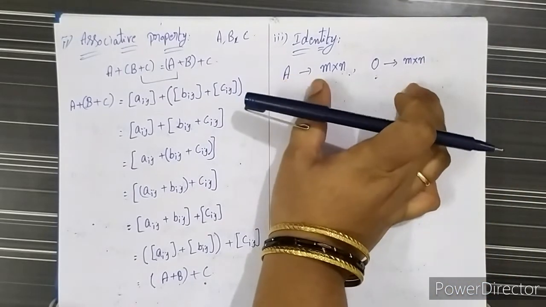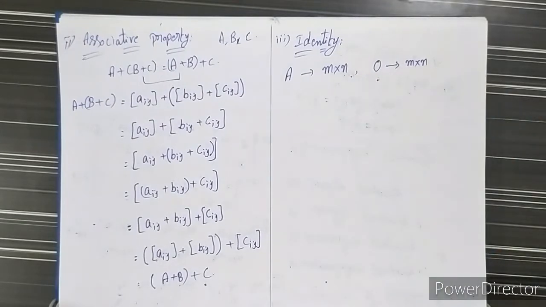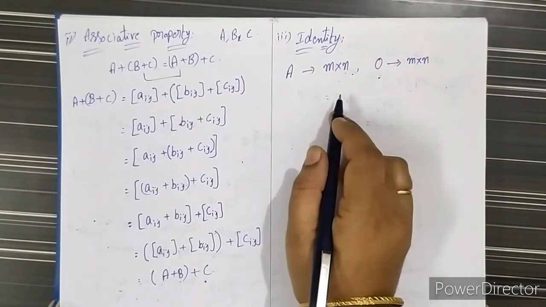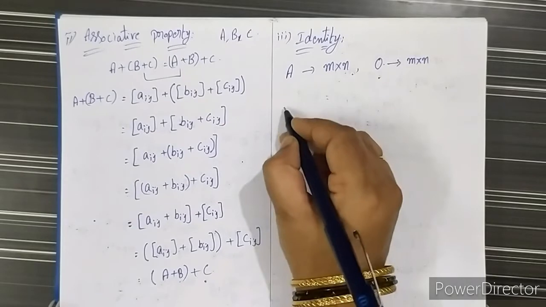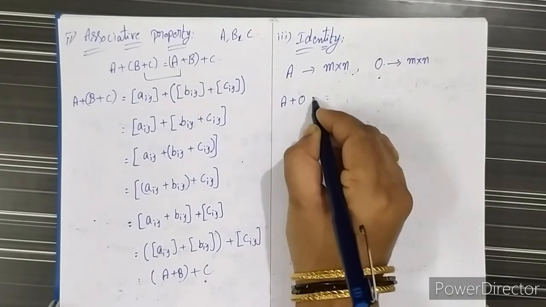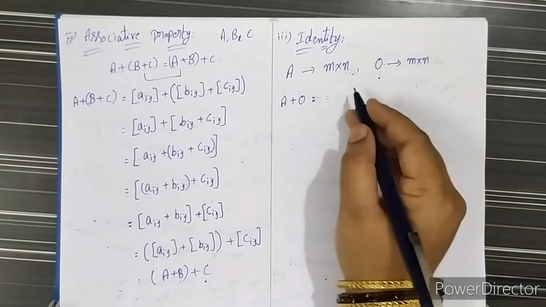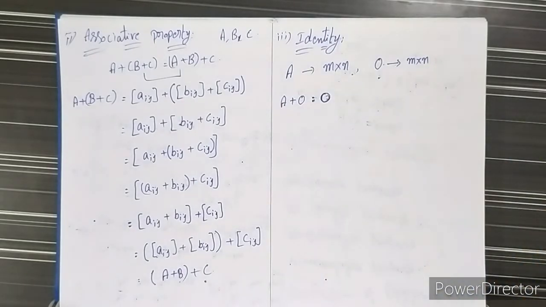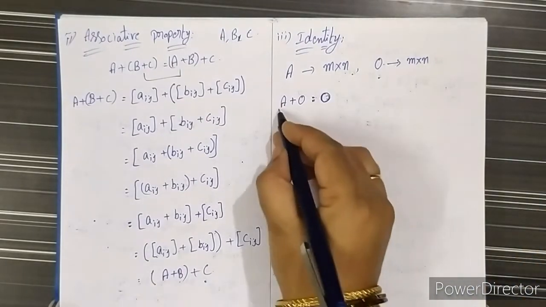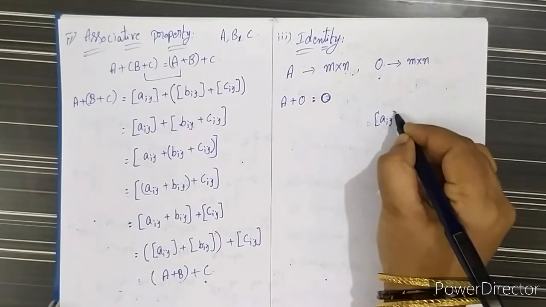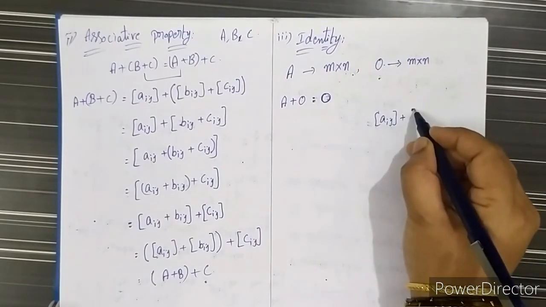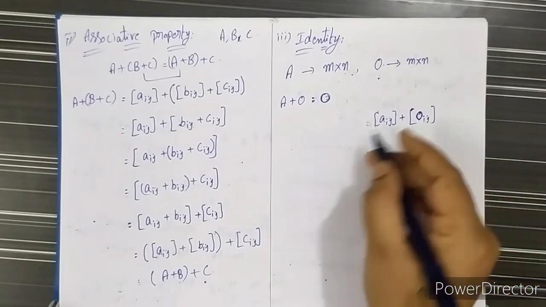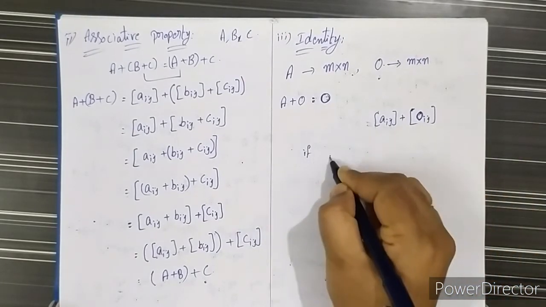In addition, we take matrices of the same order, then the addition of these matrices A plus O is equal to, we blindly say, A, because A matrix means Aij plus O matrix means Oij.